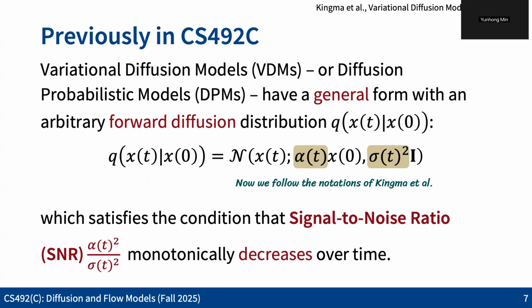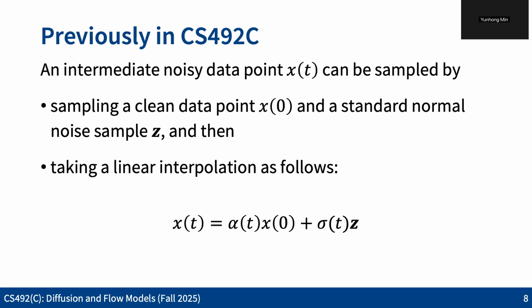And the meaning of defining the forward diffusion distribution in this way is that we can do the sampling of the xt in this way. When you remember this formulation, the sampling of xt can be considered as sampling any clean data point x0 and also the standard normal sample z here, and just taking a linear interpolation between these two, right?